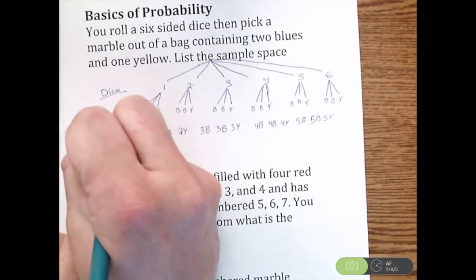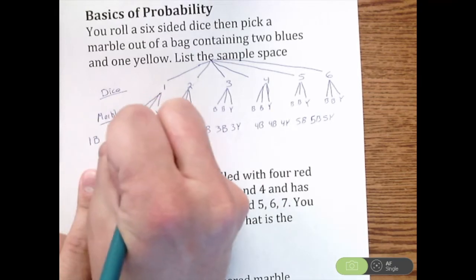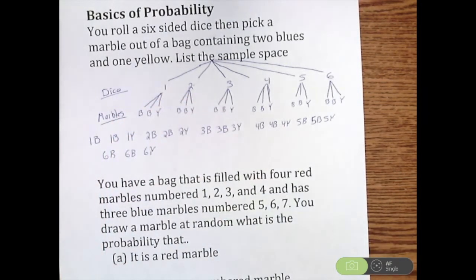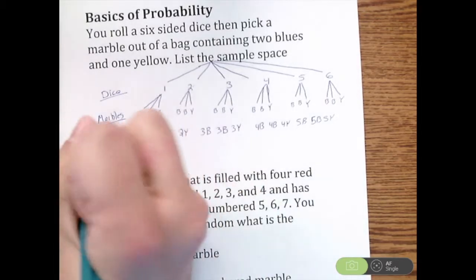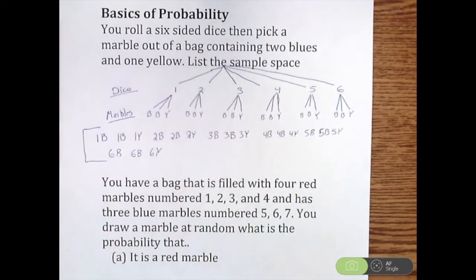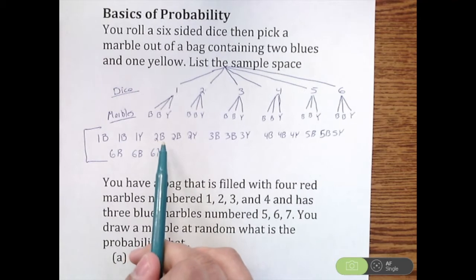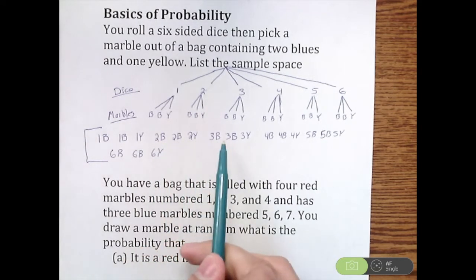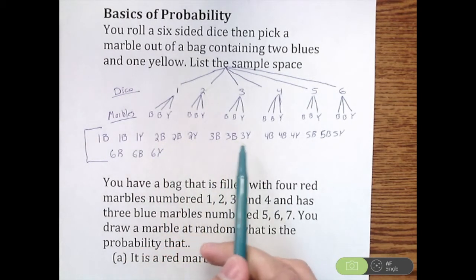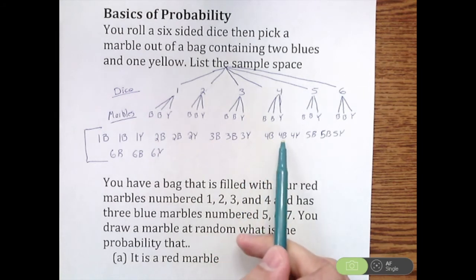And I could get a 6B, a 6B, and a 6Y. So all of this list right here, that is my sample space. I could get 1 blue, 1 yellow, 2 blue, 2 blue, 2 yellow, 3 blue, 3 blue, or 3 yellow, 4 blue, 4 yellow.